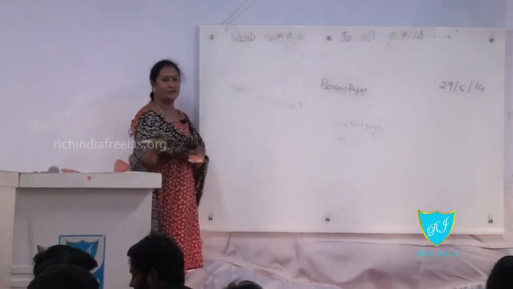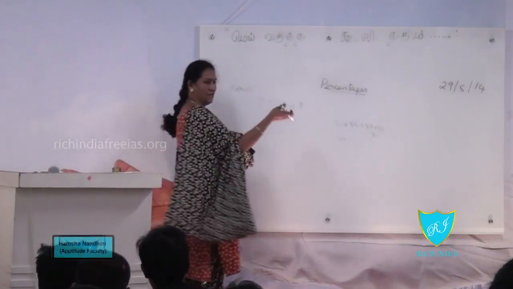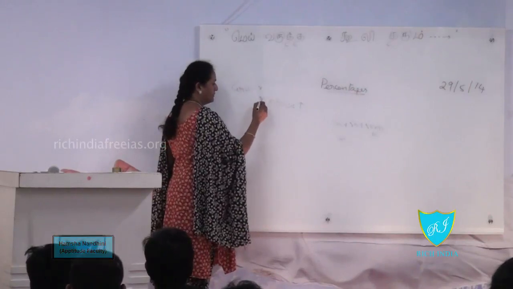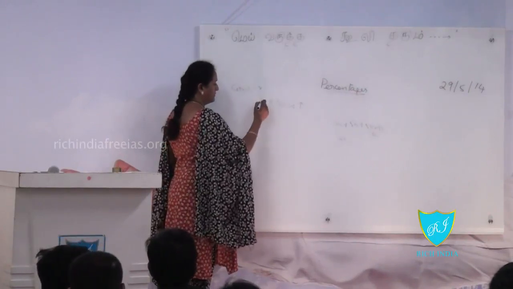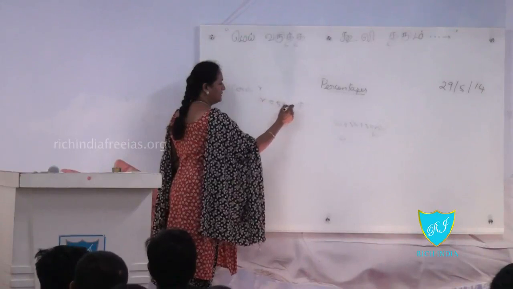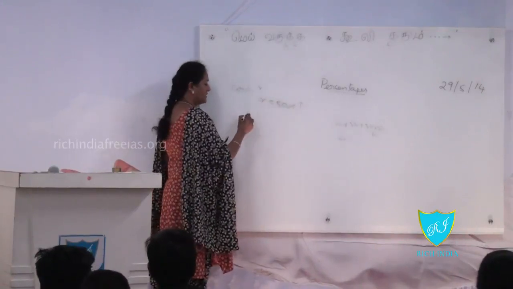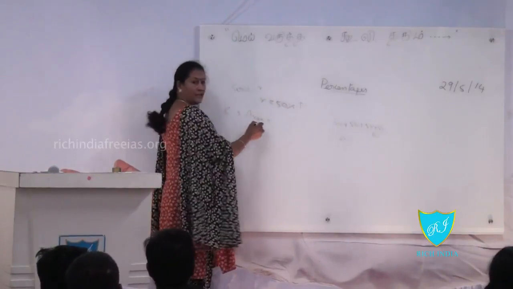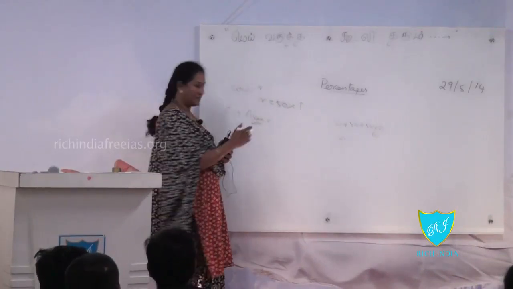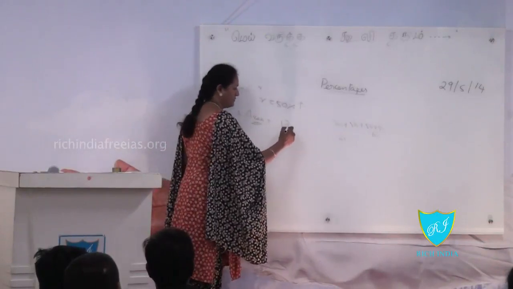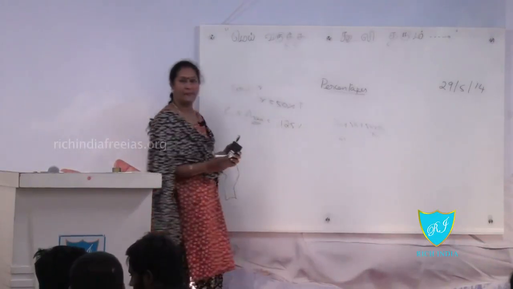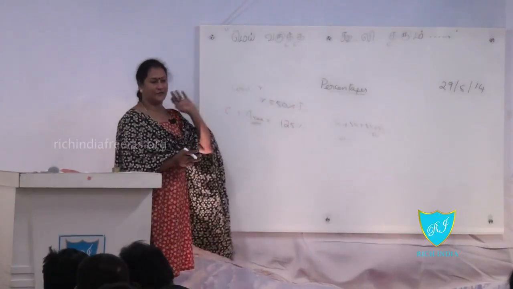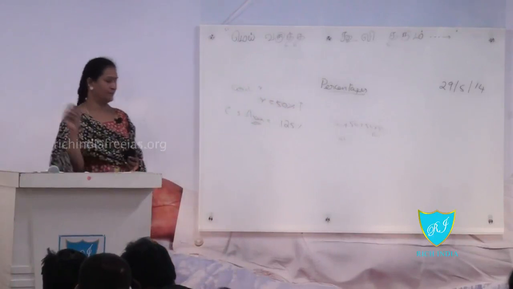Just as in the cube I asked for LSA and TSA, suppose this is for a circle, the radius is increased by 50%. What will be the increase in its area, or if it is a sphere, the curved surface area? The area will be the same, 125%. For perimeter or circumference, it is the same 50%.